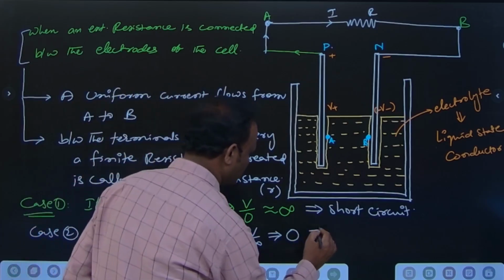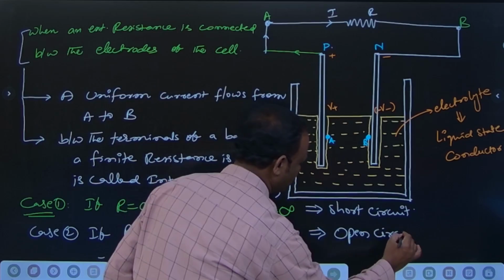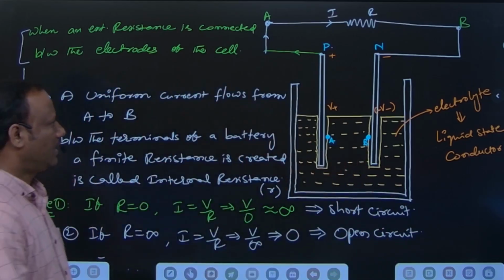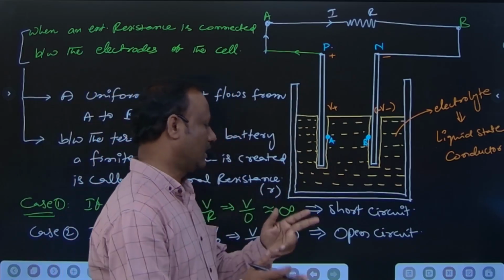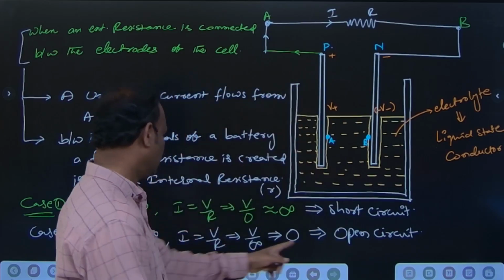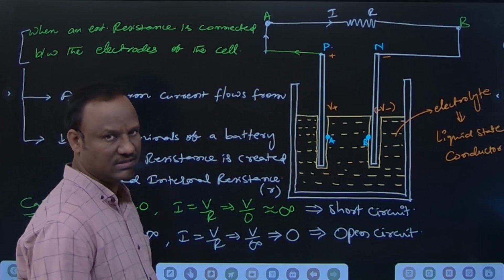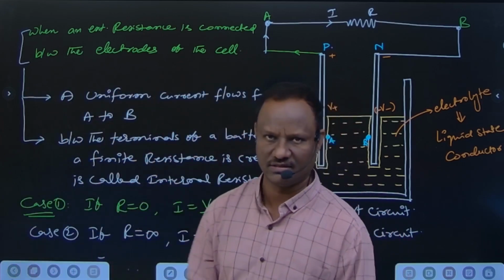So no current flows. No current flowing means it's an open circuit, a switched-off condition, like a broken circuit. The resistance of an open circuit is considered infinity, while R is 0 for a short circuit.